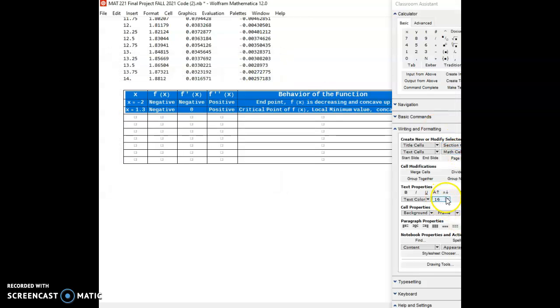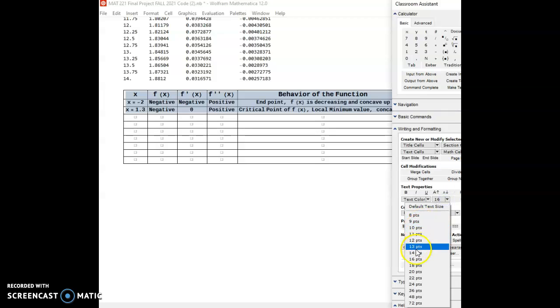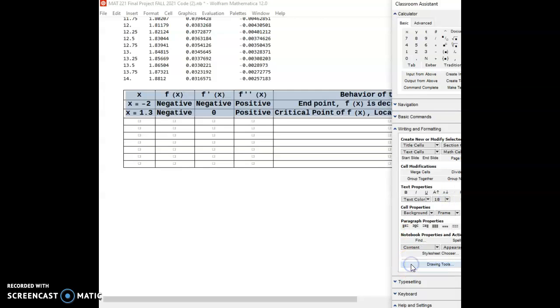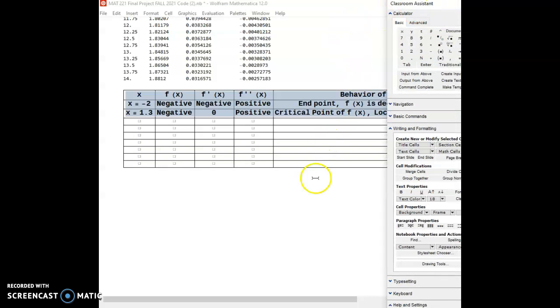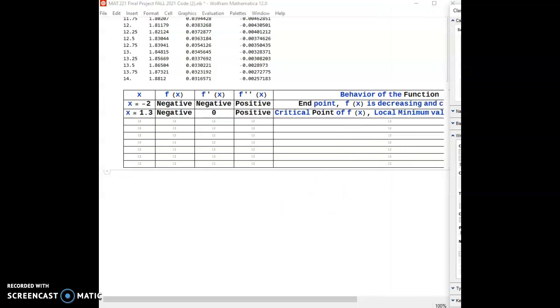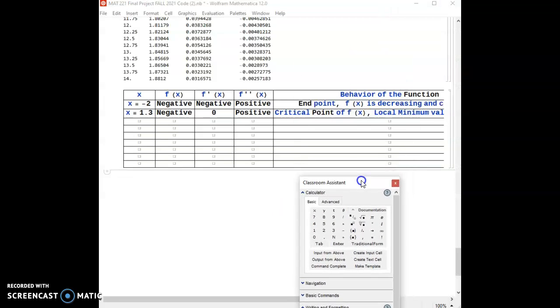And then change the size of the text if you want to whatever size you want. Make it 18 if you want. Make it bigger or smaller. You can change your font in the writing and formatting palette. So you're just typing in here as you would a normal text box that you would in Word.